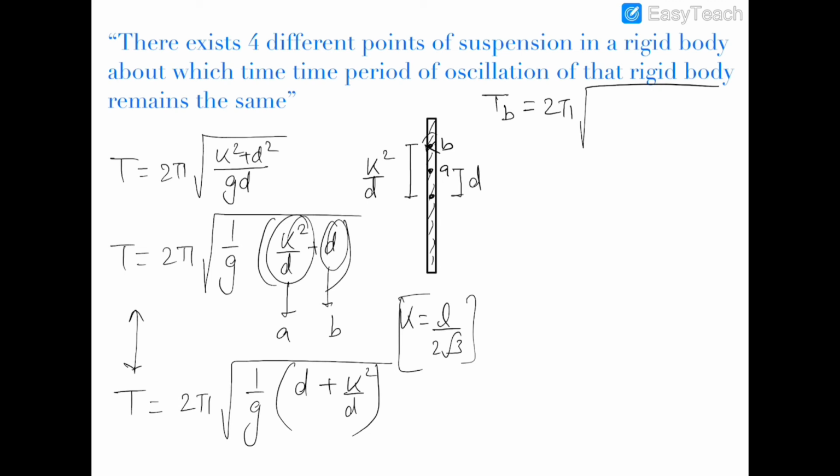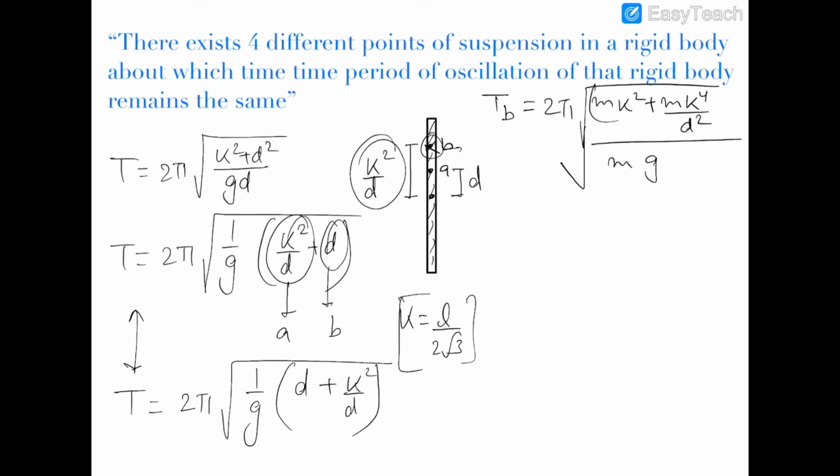Now I about this point would be equal to m k square plus m k to the power 4 upon d square, divided by m, g and d.